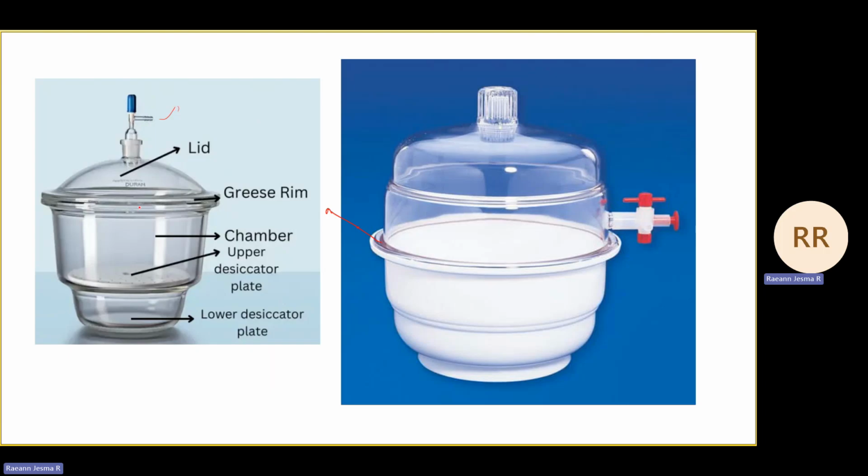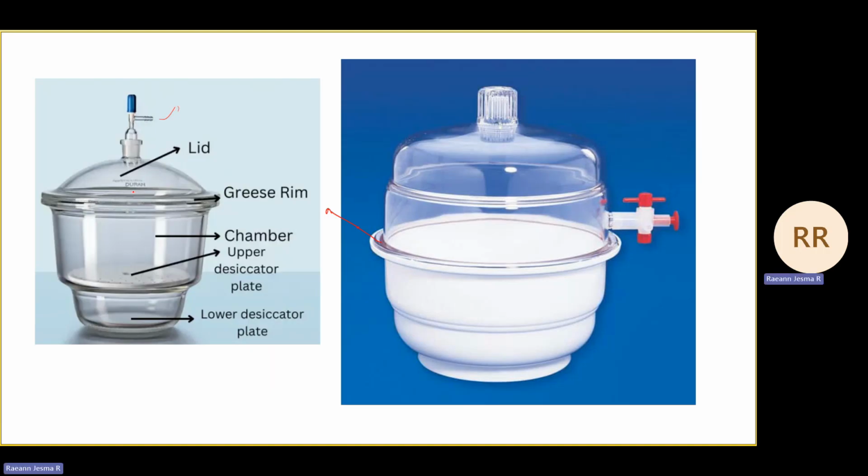So from this, you can say that desiccators are generally sealed enclosures, and we can use them to store moisture sensitive samples or any other critical samples in vacuum as well as with low moisture.